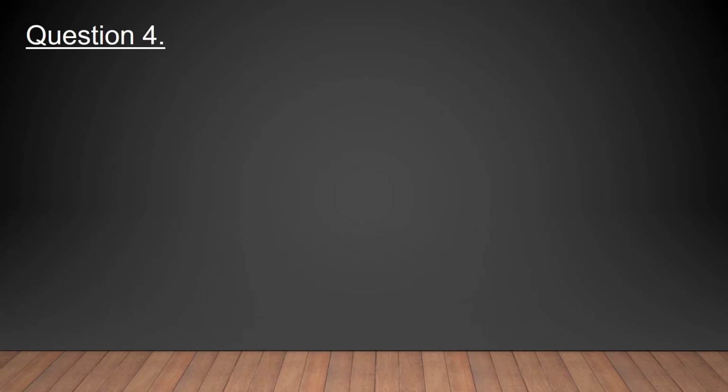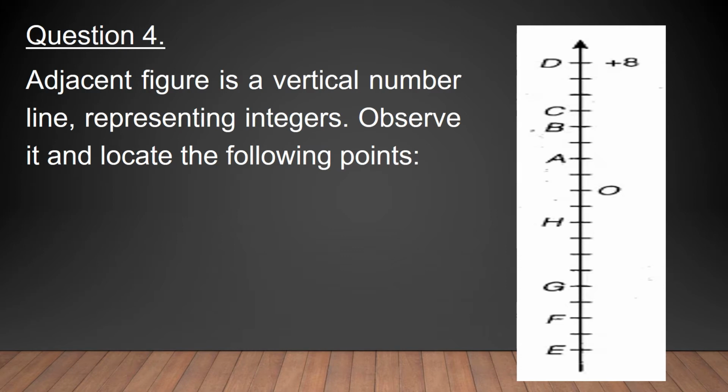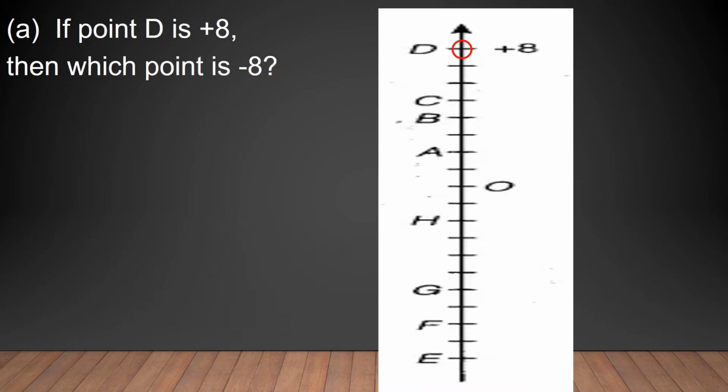Question number 4. Adjacent figure is a vertical number line representing integers. Observe it and locate the following points. First part is, if point D is plus 8, then which point is minus 8?